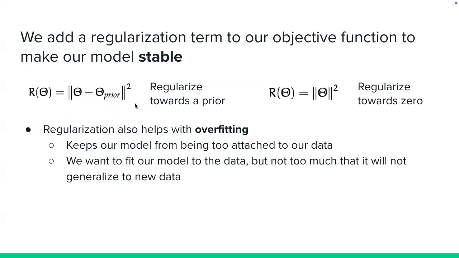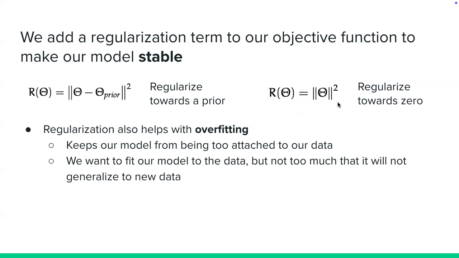The other case is if we don't know what we want to regularize towards, then we just do R equals norm theta squared. And this is most of the time. And another reason why we use regularization is because it also helps with something called overfitting.